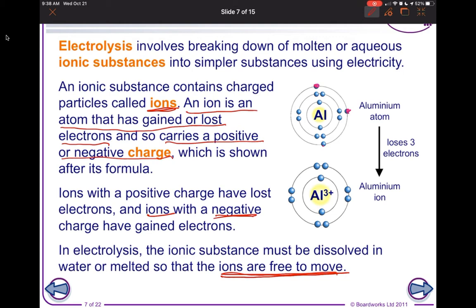The reason that ionic substances can conduct electricity in the molten or aqueous state is because their ions are free to move. I'm going to say that again because you need to know that. The reason that ionic substances can carry a charge, in other words, conduct electricity in the aqueous or molten state, is because their ions are free to move.